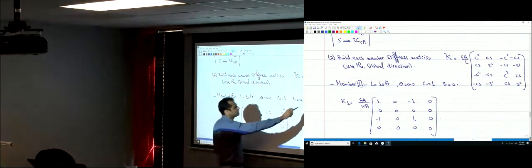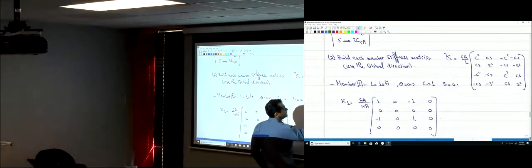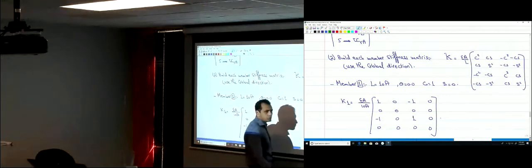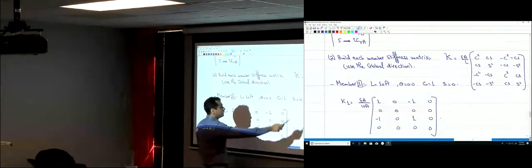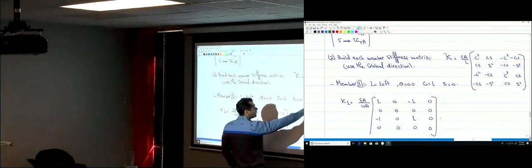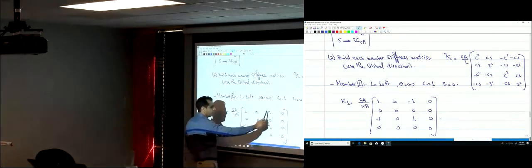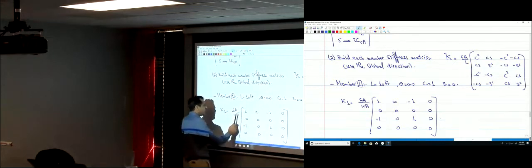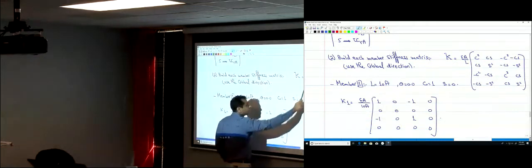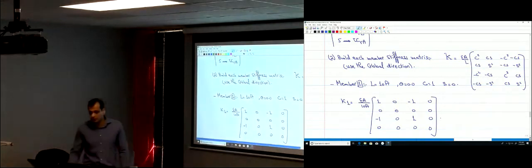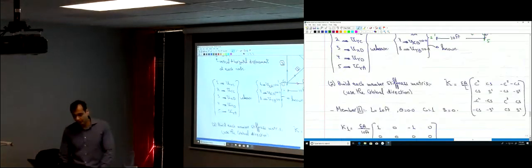So definitely here, those are going to be zeros, those are going to be zeros, because they all have a sine term in them. Only the cosine is going to have a value, so you just have 1, negative 1, negative 1, and 1, and EA divided by L here. That's K for member 1, the stiffness matrix for member 1.